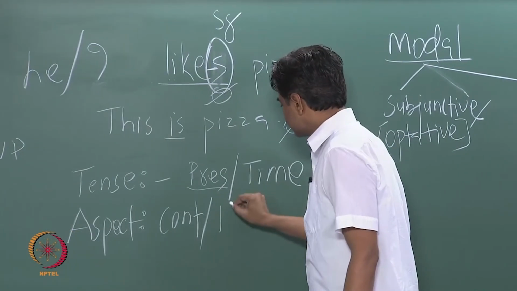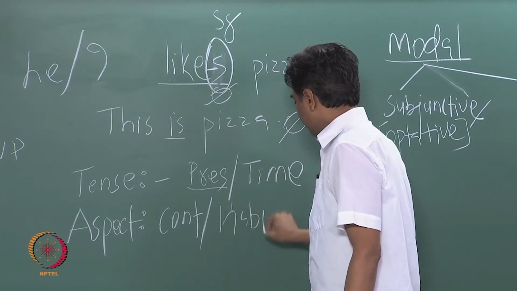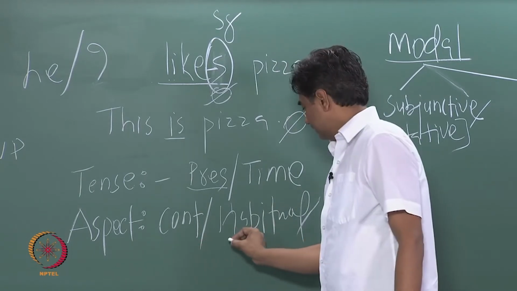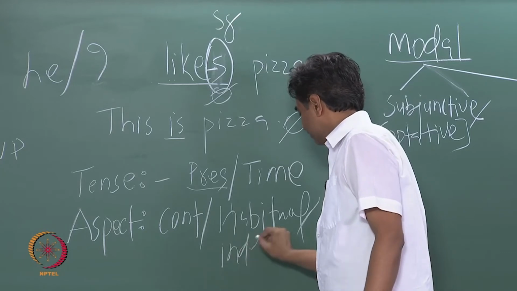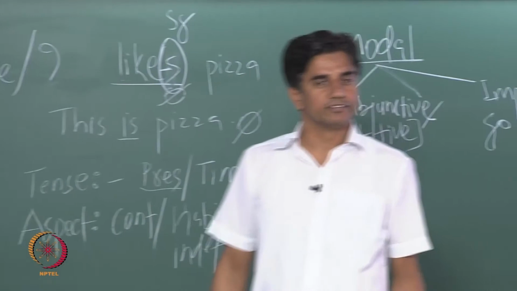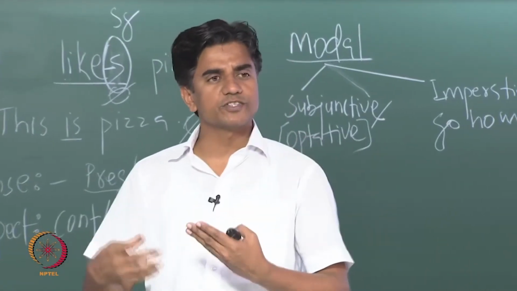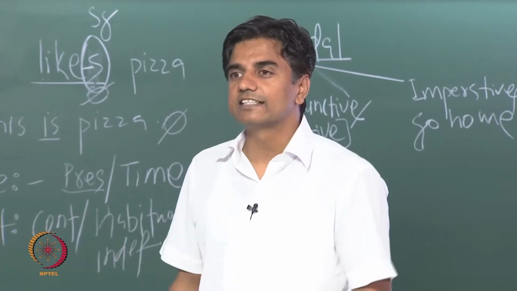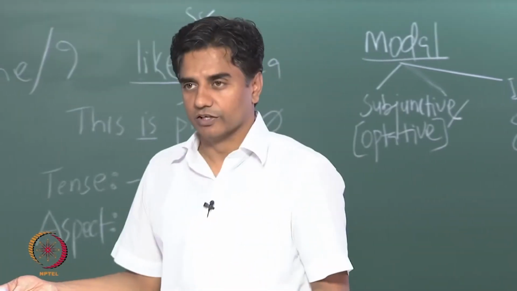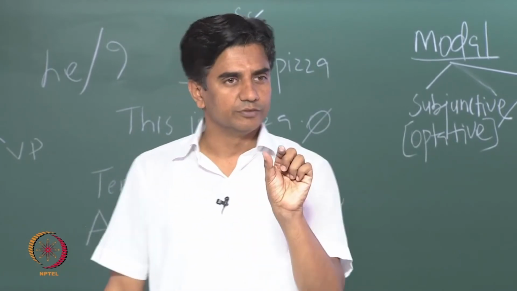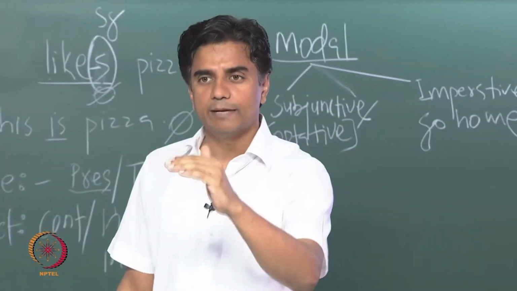The aspect here is habitual, or the same thing is called indefinite. It is called indefinite because there is some sort of regularity in it, some sort of indefiniteness, so we call it habitual also. I just want you to understand the terms. We use different terms with the same meaning.